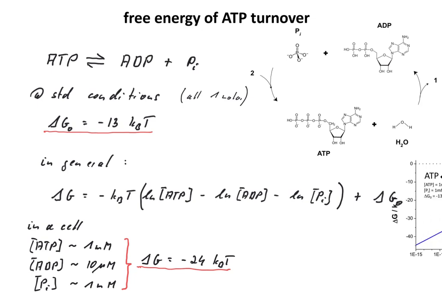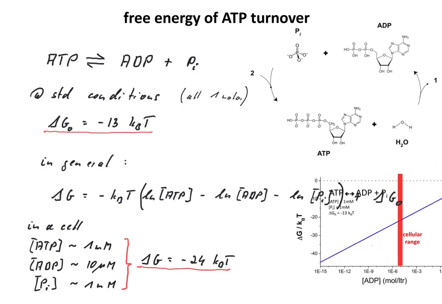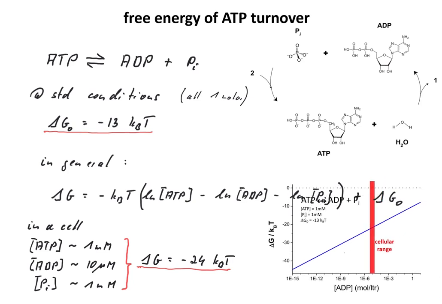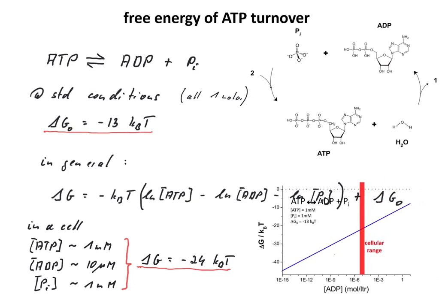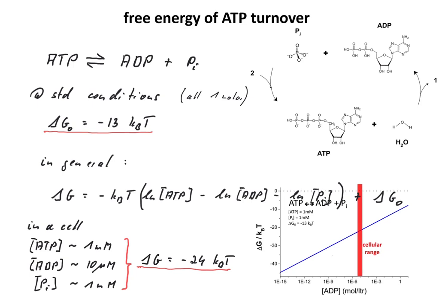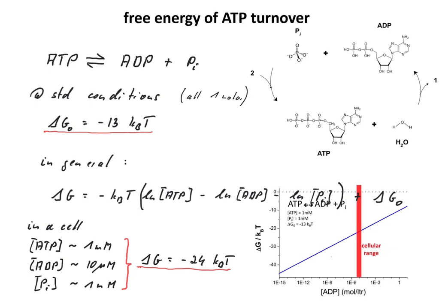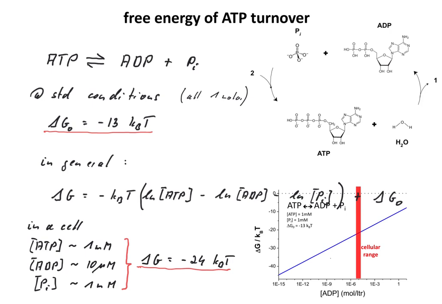And that I have drawn here in this very simple graph. Here you see on the y-axis the delta G per kBT as a function of the ADP concentration in the cell.